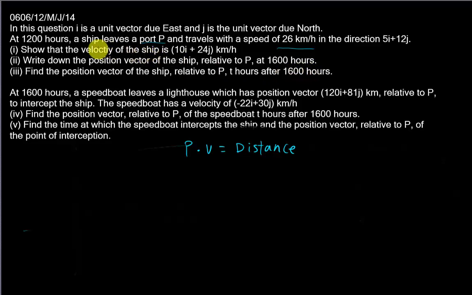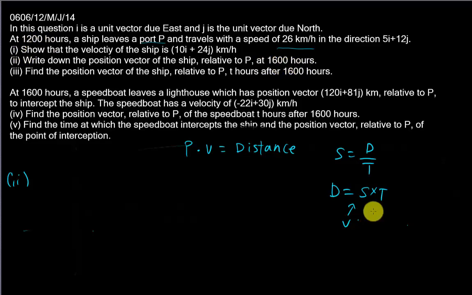So if you have the velocity and you want to get the position vector, just assume position vector is a distance and velocity is a speed. We always know speed equals distance over time. So to get the distance, it is speed multiplied by time. Just assume speed is velocity. In the second part here, the ship is moving from 12 hours, so 16 is actually after 4 hours.